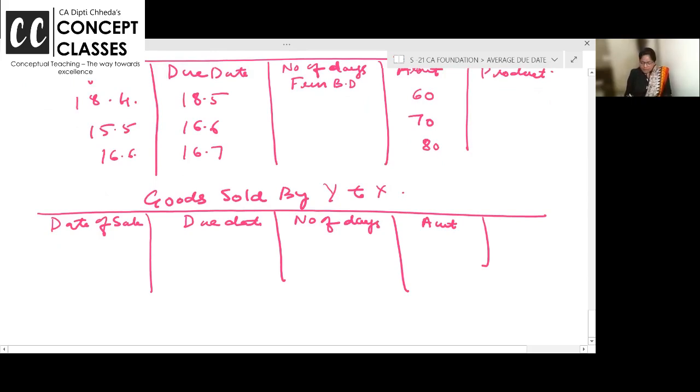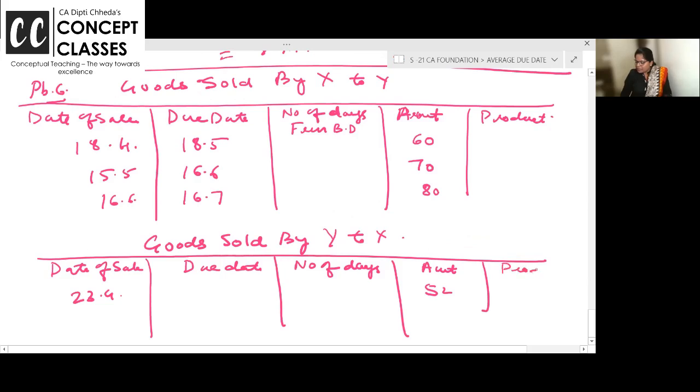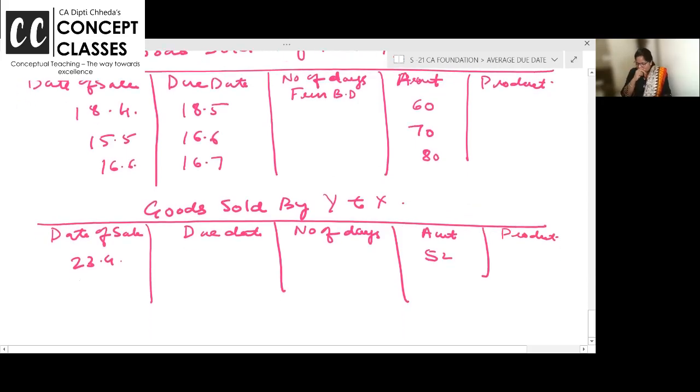Okay, let's do it together. 23rd April, 52 rupees. Amount and product. I hope you all are following what I am doing. I have purchased the goods on 24th May. 1 month's time is given. So 24th May, 24th June, 23rd April, 23rd May. That is how you have to calculate.